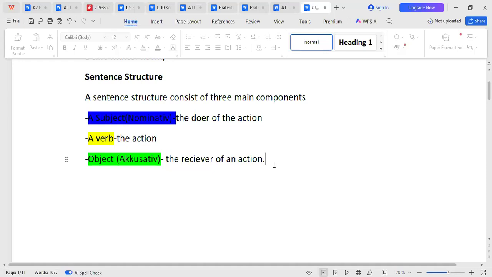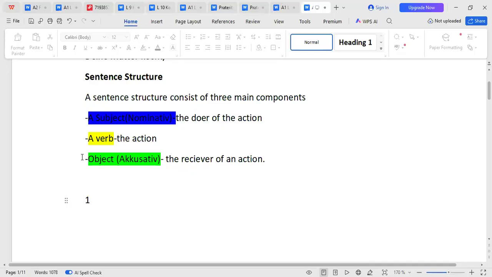So the German language can have three sentence structures, but in that sentence, at least there must be a subject, there must be a verb, there must be an object. So we have number one sentence structure, students, which is always very common.